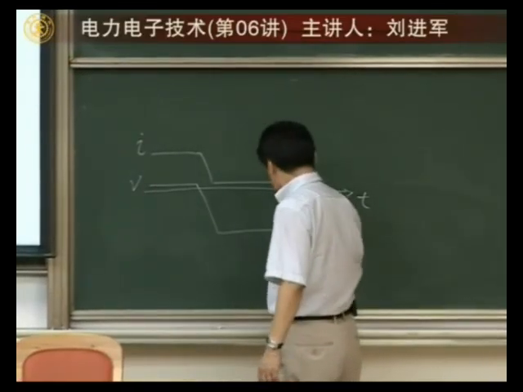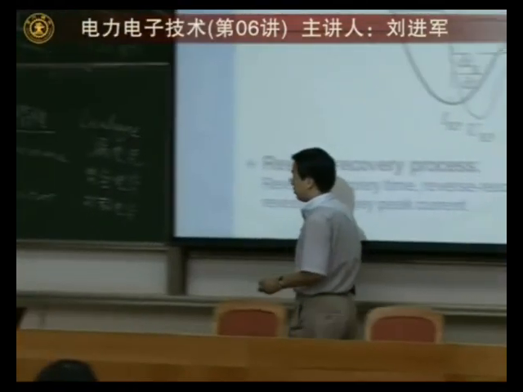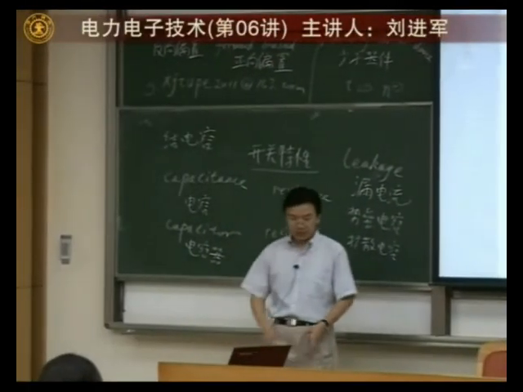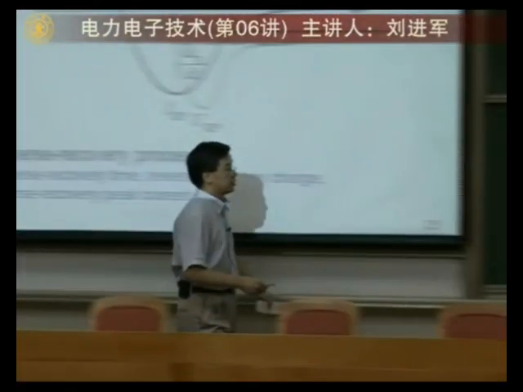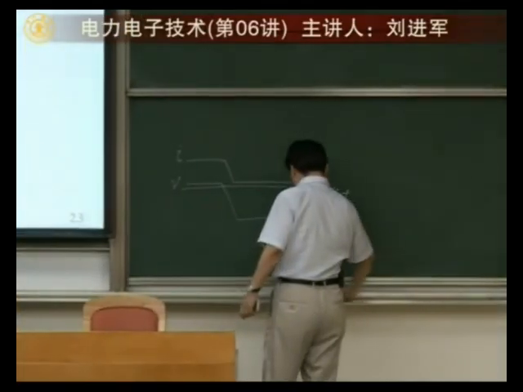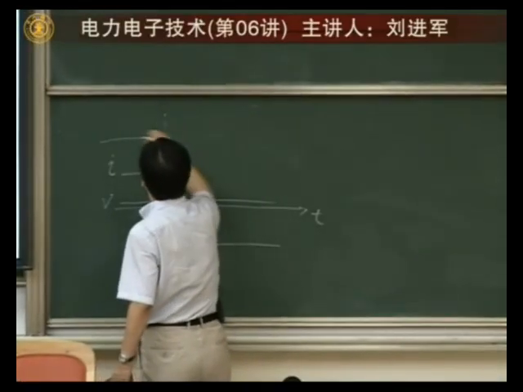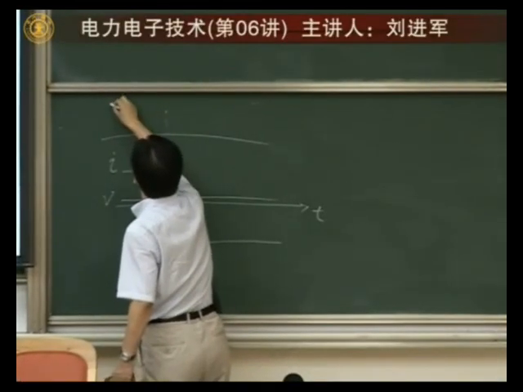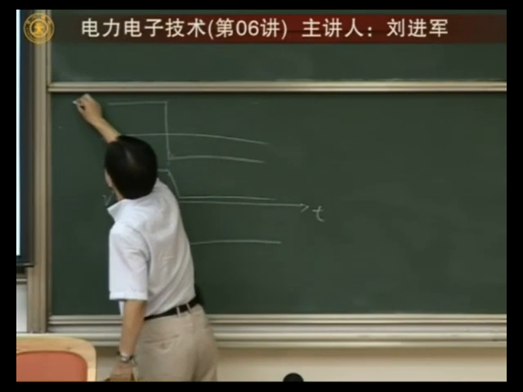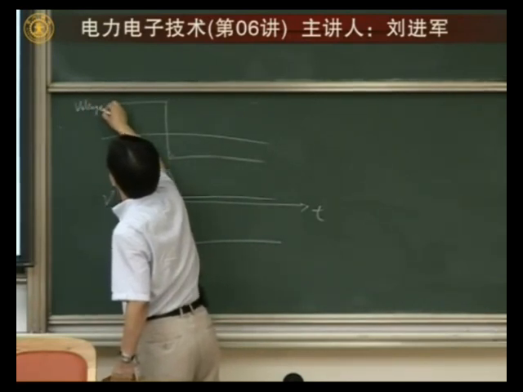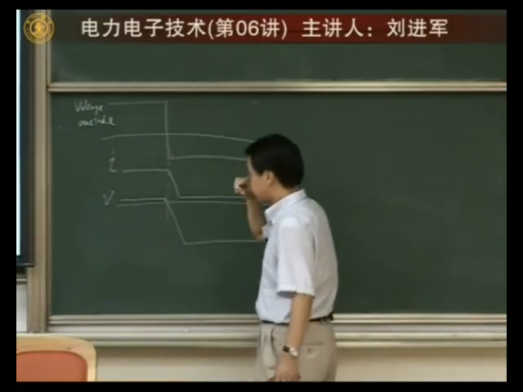When you apply reverse voltage to a diode that is conducting, the outside voltage suddenly changes from positive to negative.